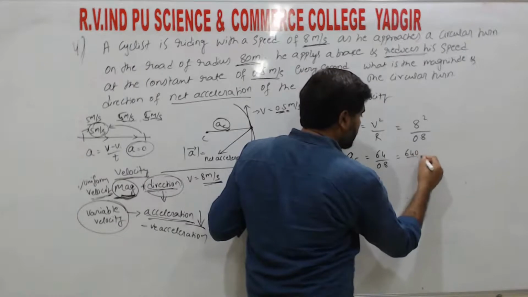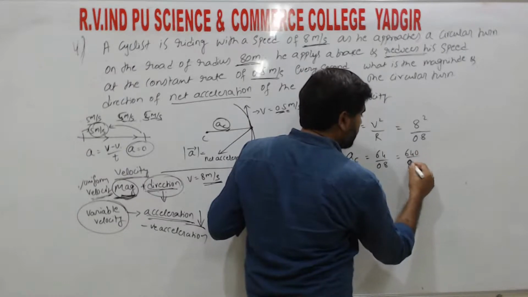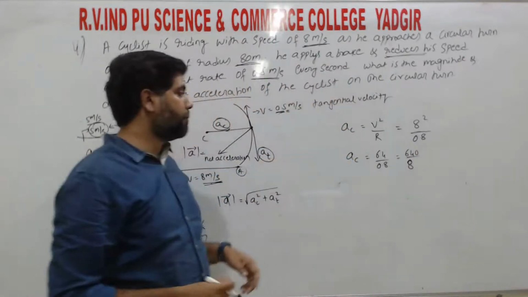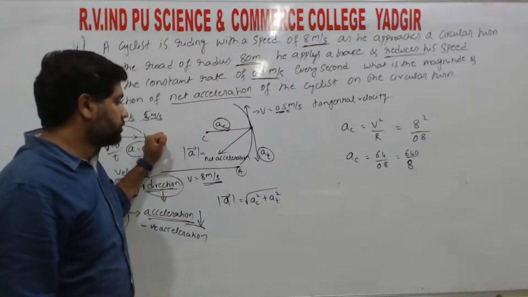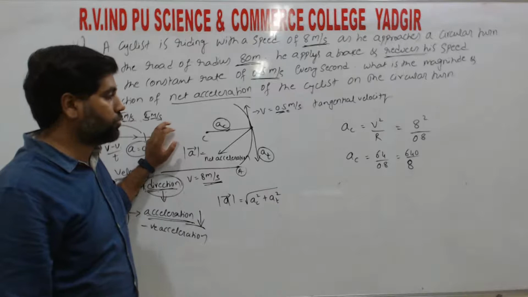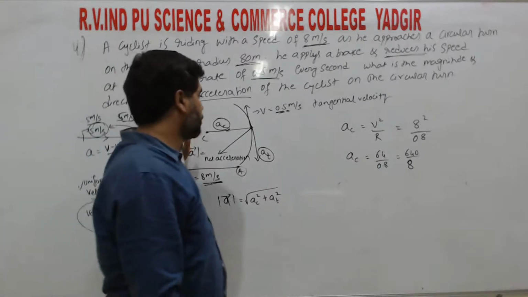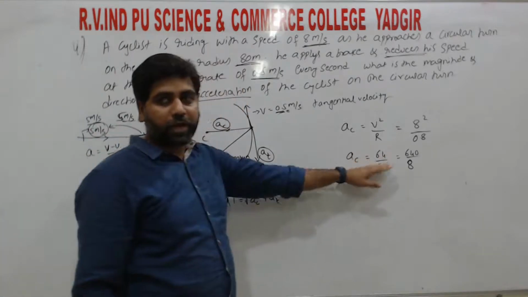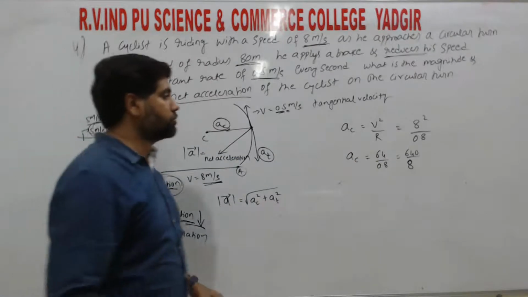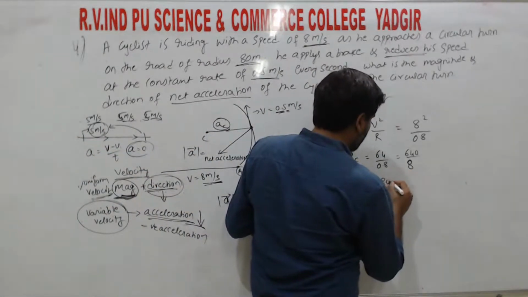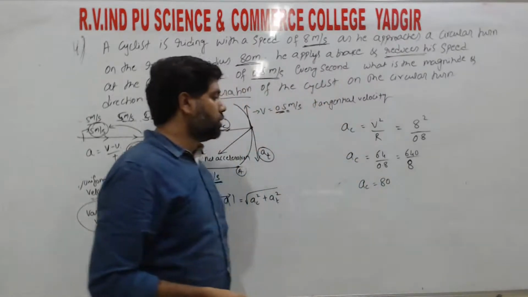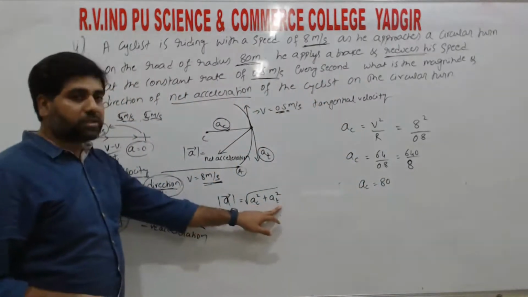That means 640 divided by 8. So how much are we getting? 80. So ac is 80.